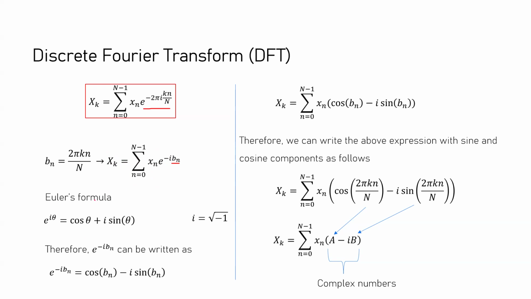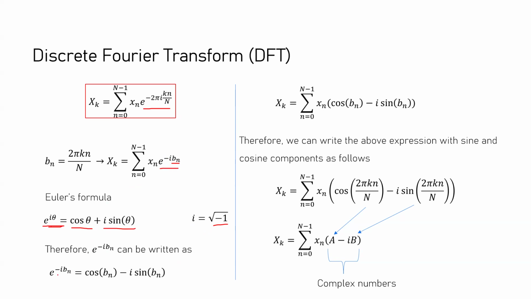Based on Euler's formula, e to the i theta, or exponential of i theta, is equal to cosine theta plus i times sine theta. Here i is the imaginary unit, or it is equal to square root of minus 1. So here we have exponential of minus i Bn.